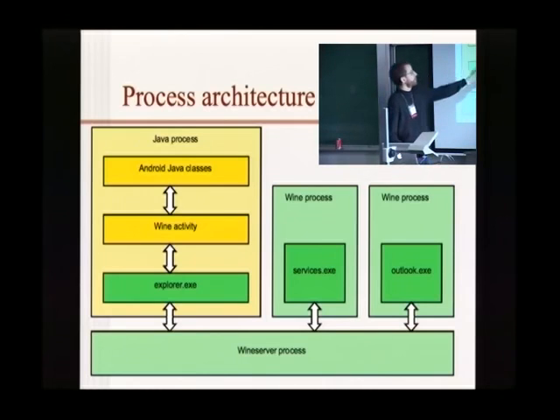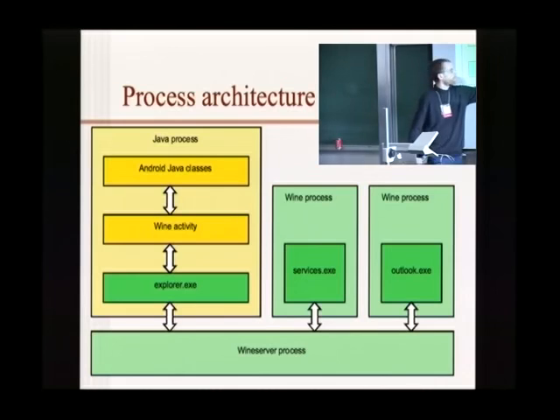So these get loaded inside the Java process. But when you want to start a new wine process, then you cannot do that from Java because it will all be still inside the same process. So what I do is fork and exec a wine process, which is then a purely Unix process. It has no Java, it's basically a Linux process.